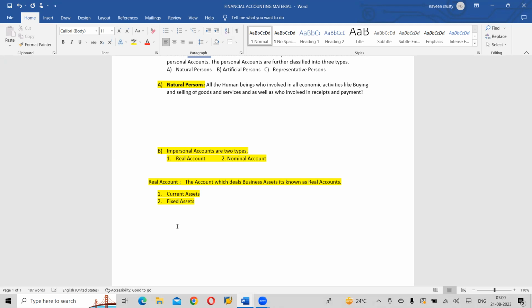Current assets, fixed assets, real account. Any questions? Clear now. Next, we have one more account, which we already discussed, I believe: nominal accounts. Nominal accounts are nothing but the accounts which deal with business expenses, losses, incomes, and gains or profits.